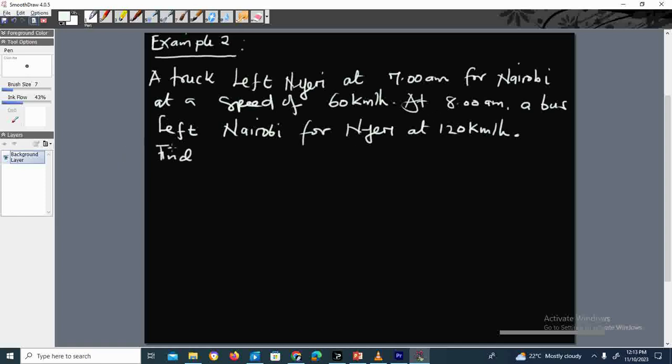Find how far from Nyeri did the vehicles meet?